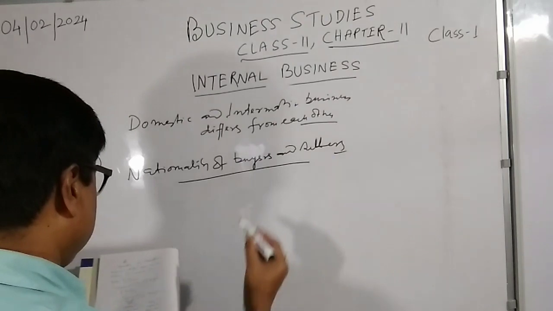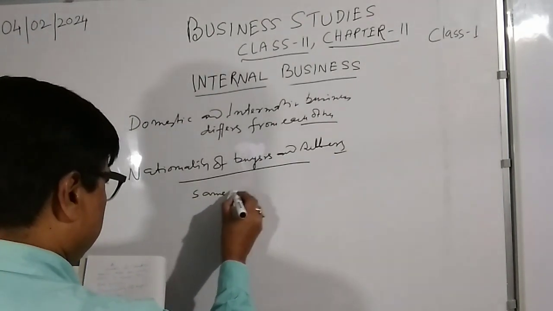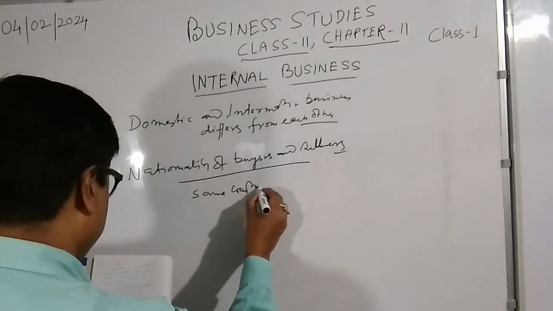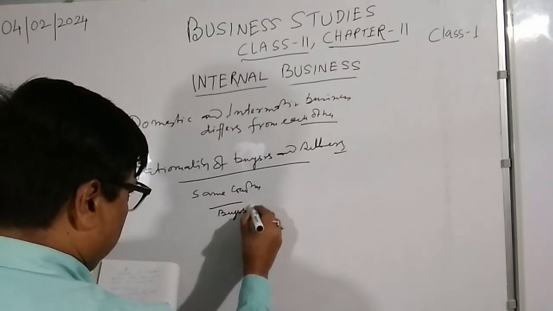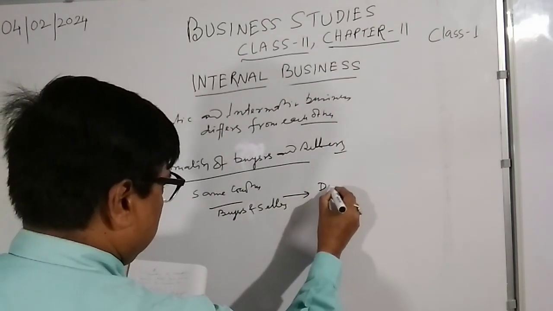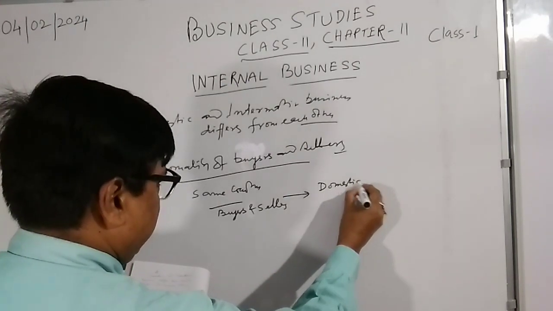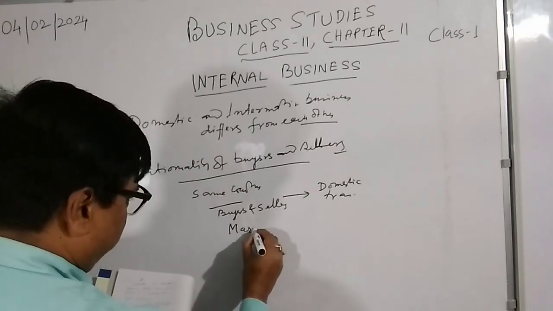Nationality of buyers and sellers: if buyers and sellers are in the same country, in domestic trade, the market will be easier.